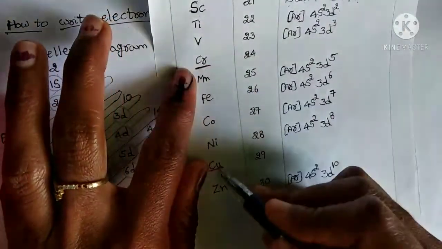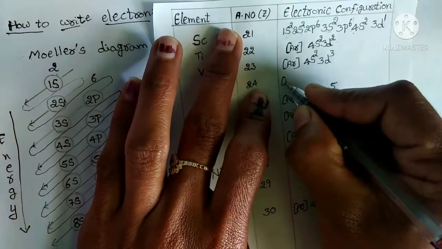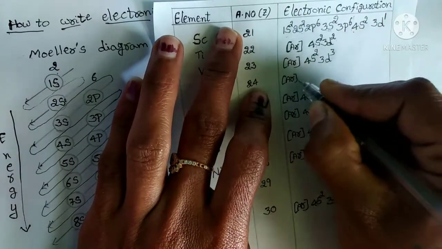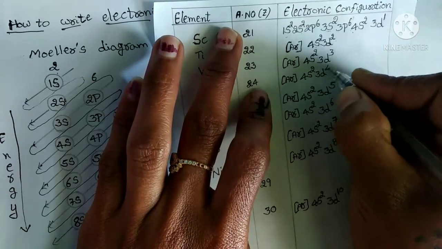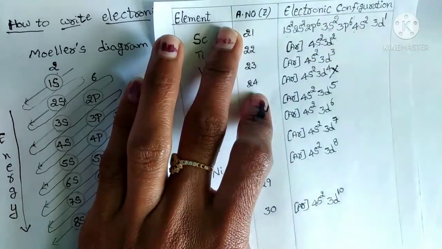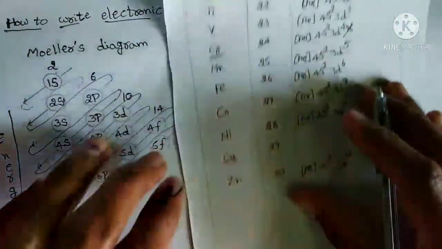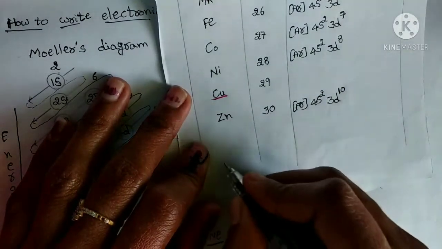So now we will discuss chromium and copper. In this case, actually the electronic configuration has to come like this, right? But chromium will not follow this electronic configuration. Why? Because we have one small explanation here. What does that mean?